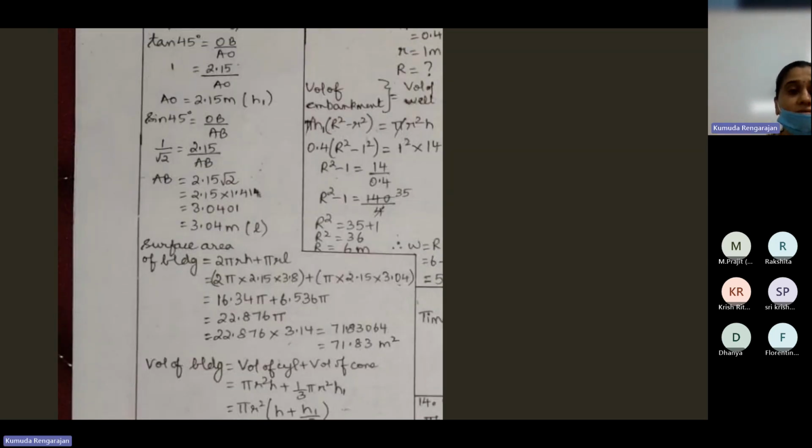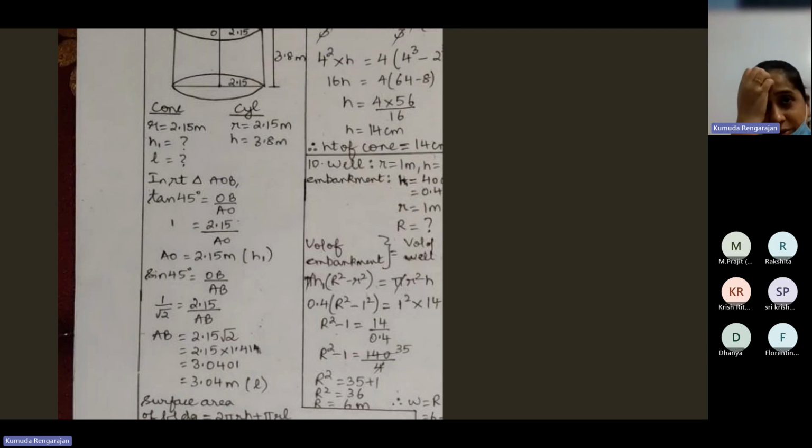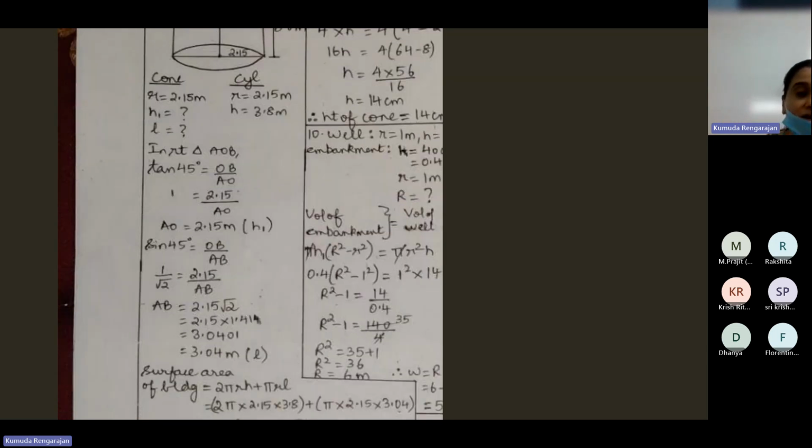I've also found the slant height. You have to find the slant height, right? Because for area, you need slant height. So I found the slant height not using Pythagoras theorem, but by using trigonometry. So 2.15 root 2.